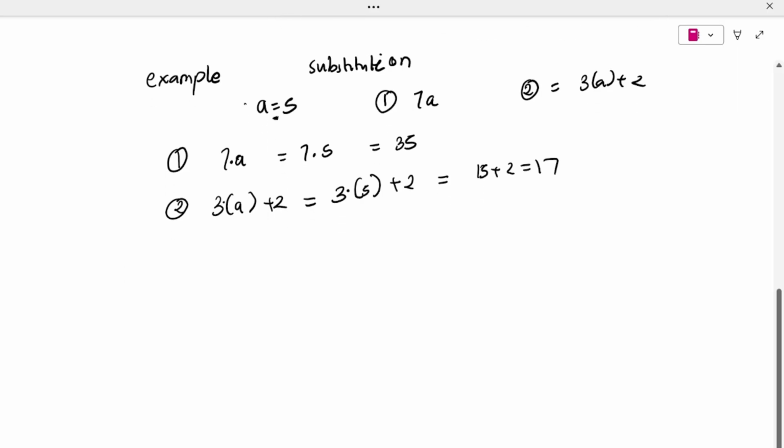So that is substitution. That's what I meant, you can use it to replace another expression. So this is one algebraic expression, and then this is another algebraic expression. There's multiplication here, and here there's multiplication plus addition.